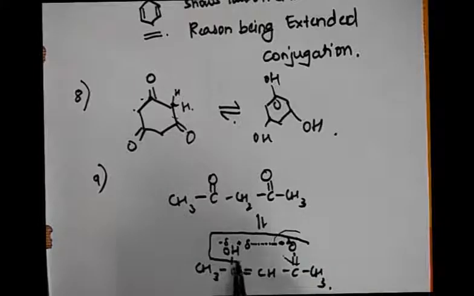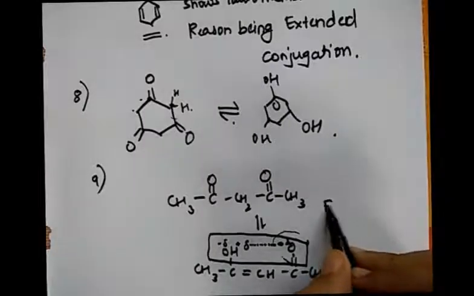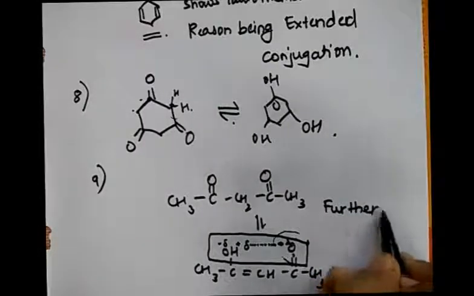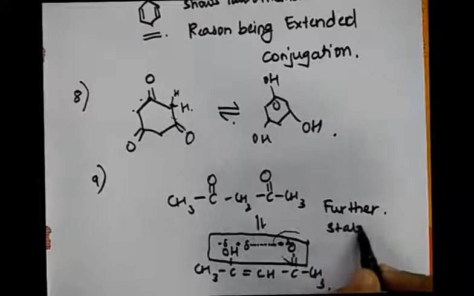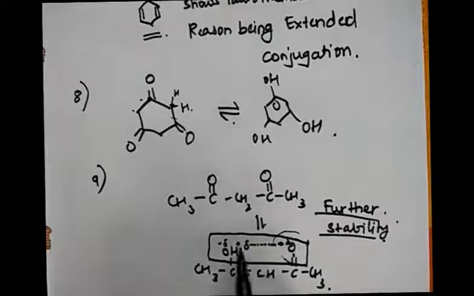So the next further level of questions that can be asked is about stability in the tautomers. Which of the tautomers are stable? On the basis of this condition, the partially negative, partially positive, and the attraction between the partially negative and partially positive atoms in the molecule, one can decide about the stability of tautomers.